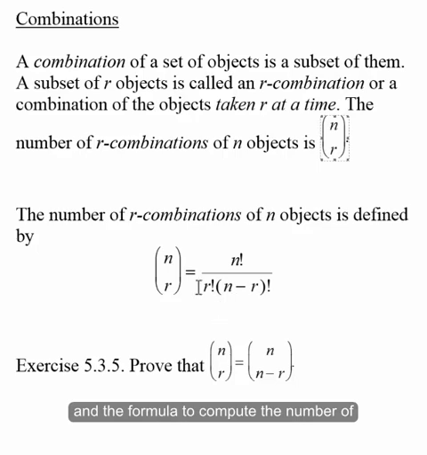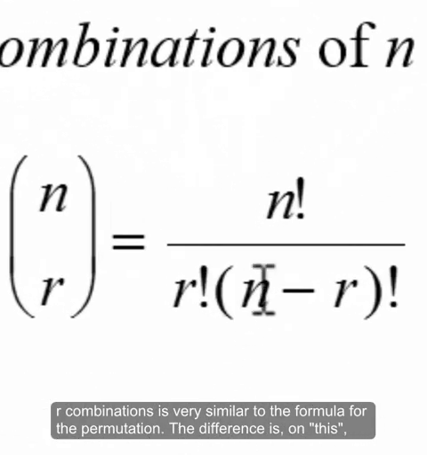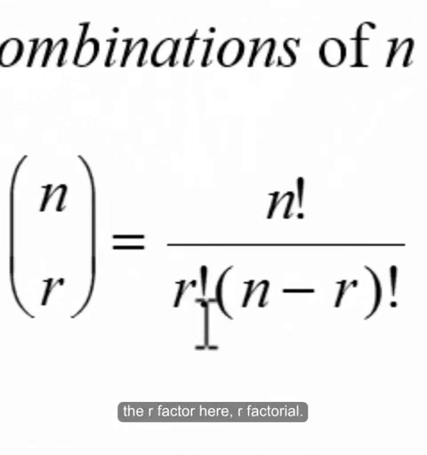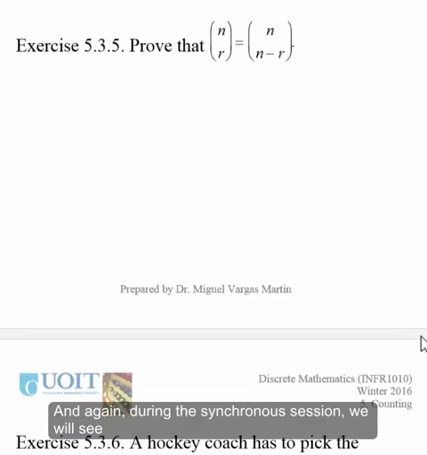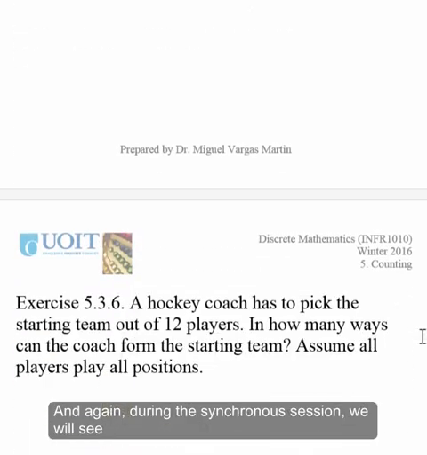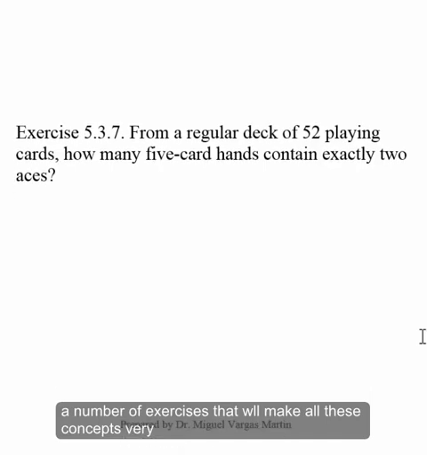And the formula to compute the number of R combinations is very similar to the formula for the permutation. The difference is on this factor here, R factorial. And again, during the synchronous session, we'll see a number of exercises that will leave all these concepts very clear.